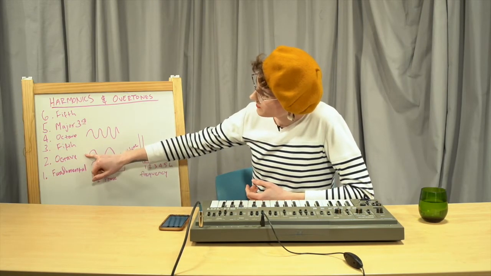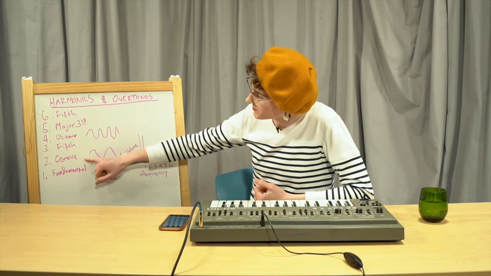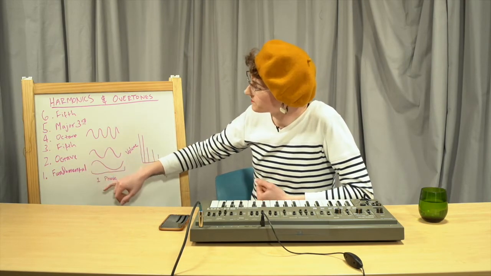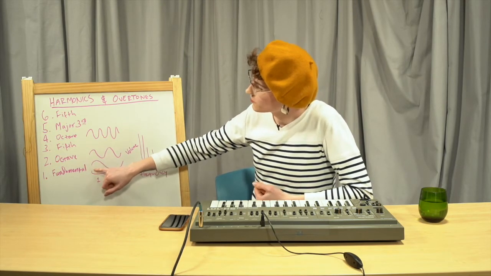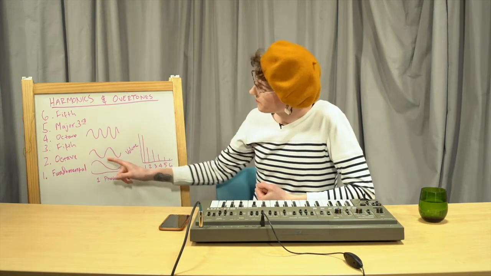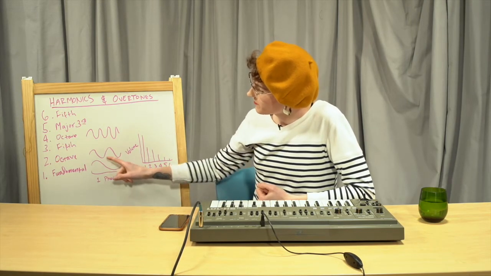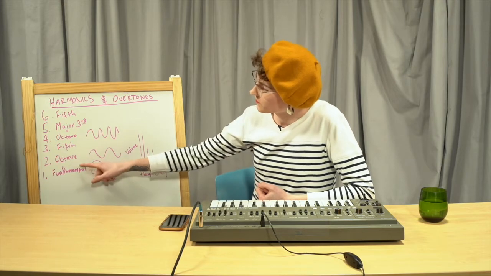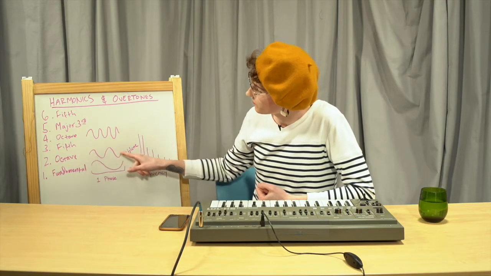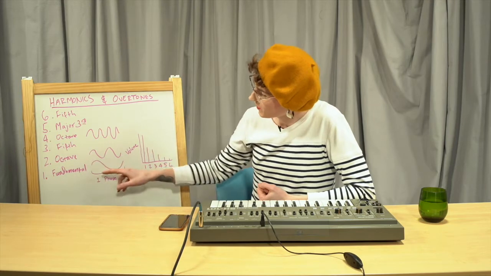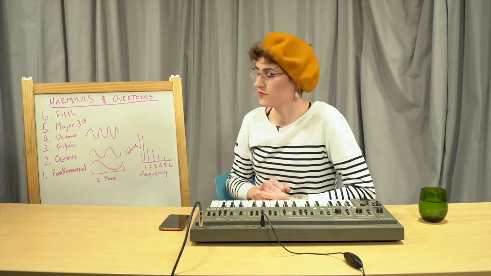The second harmonic is the loudest above the fundamental. And that's always twice the frequency. So in the amount of time that the fundamental goes through one phase, the second harmonic will go through two. And that'll be an octave above the fundamental.